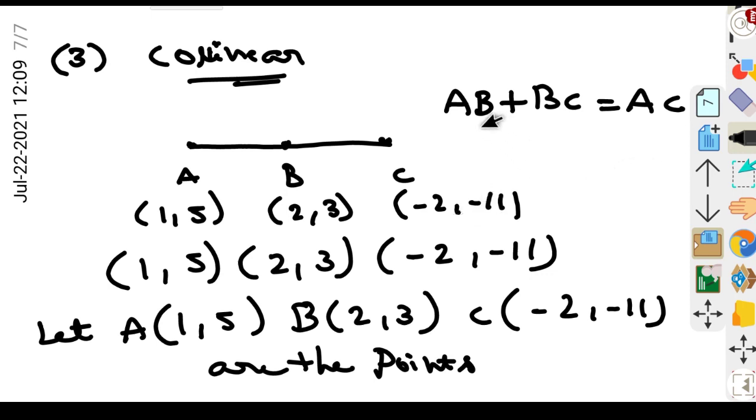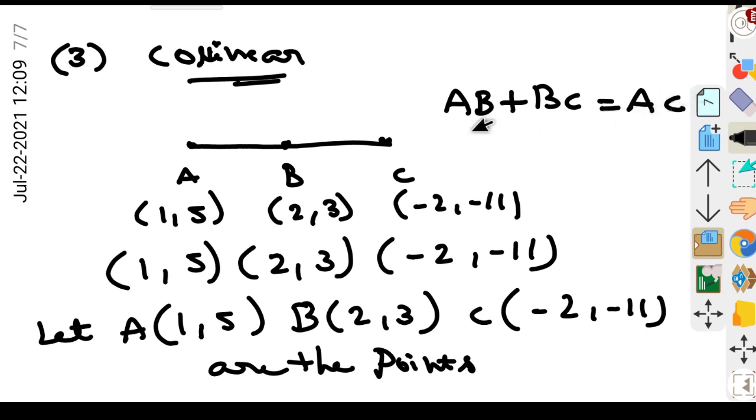How? Simple. First take the 2 coordinate points of A and B and apply the distance formula to find the distance between AB. Afterwards find the distance between BC by taking the coordinate points of B and C. The next step is to take the coordinates of A and C and find the distance between AC.